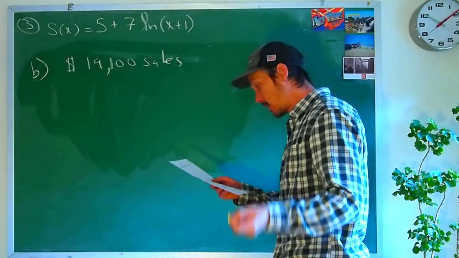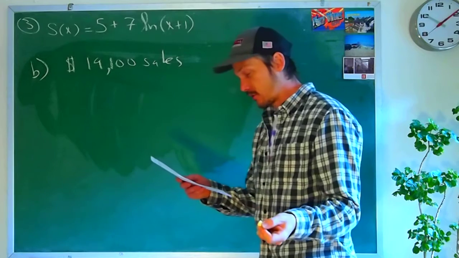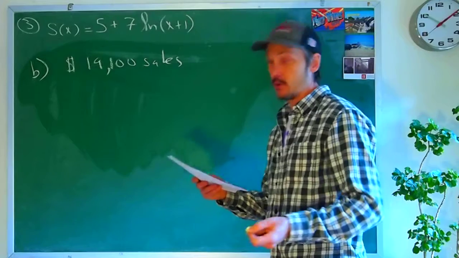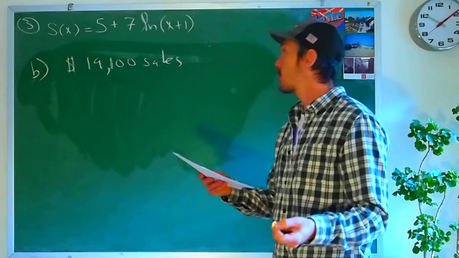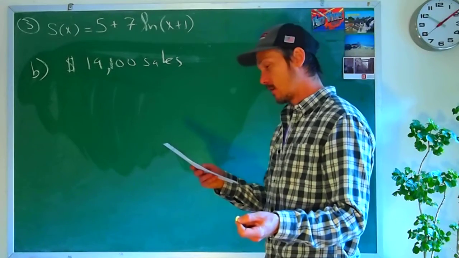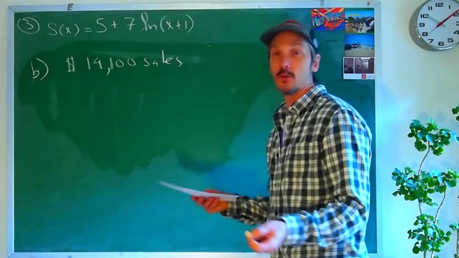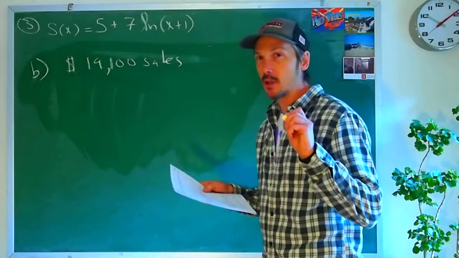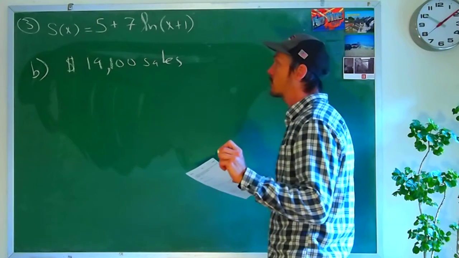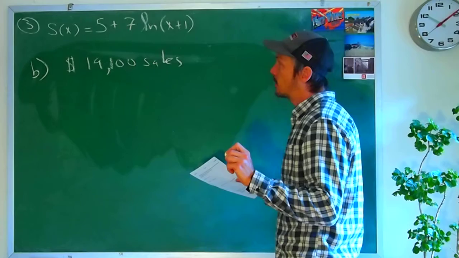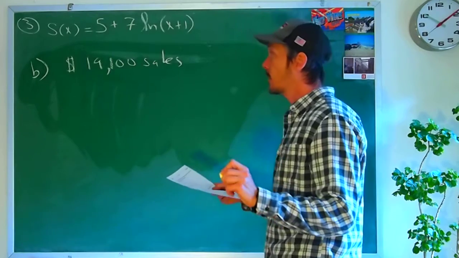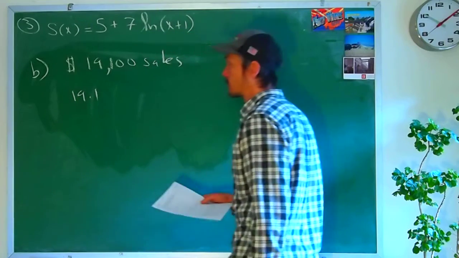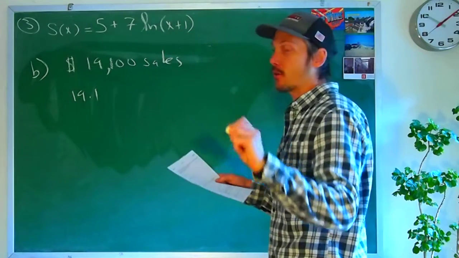All right, so how do I know that? Well, because the way the function is defined, it says that the amount of money in sales is S, and X is the money spent on the advertising campaign. So we're given an output here. We're also given an output in ones, though, so we have to convert this to thousands. Okay. So in thousands, this is going to be 19.1, and that's going to be our S of X.